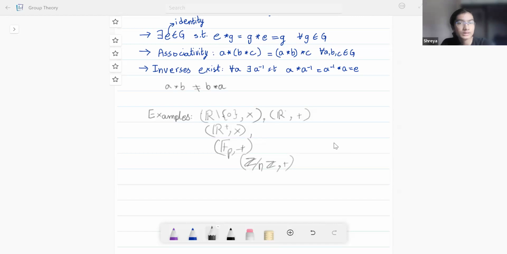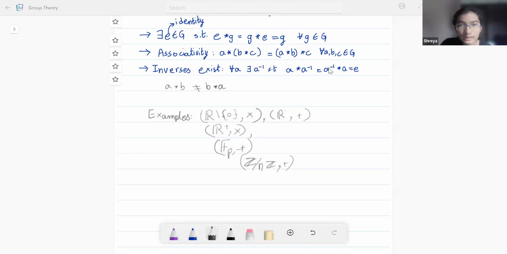But you shouldn't just do injective because you need inverses to exist. You can do bijective functions instead. Yes, exactly. So you need numbers co-prime to n. Okay, that is true. Yeah, that's again a great example.